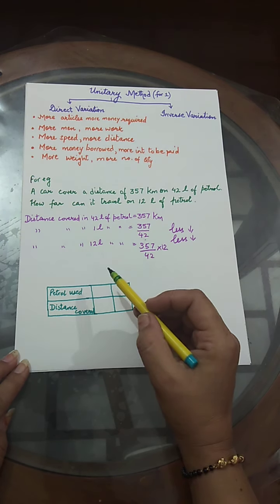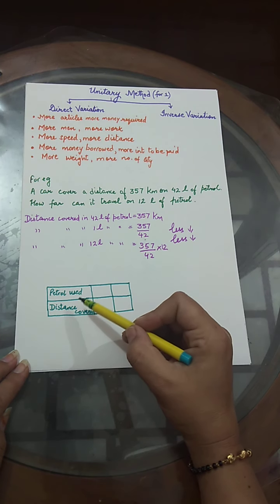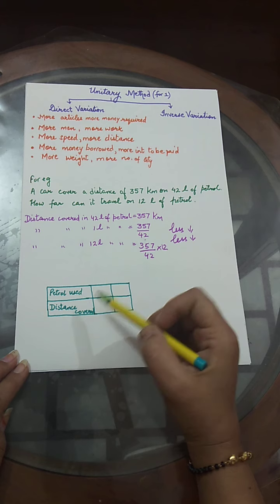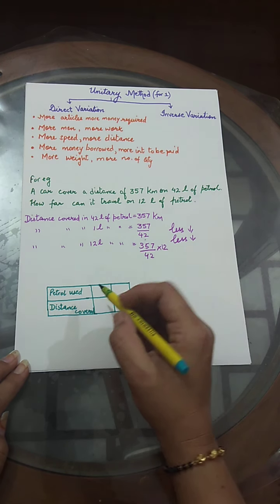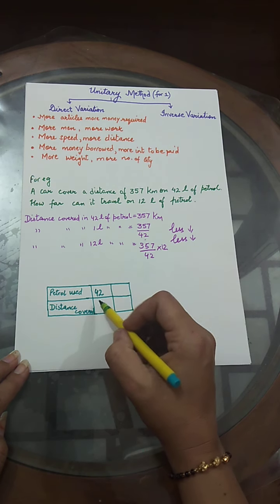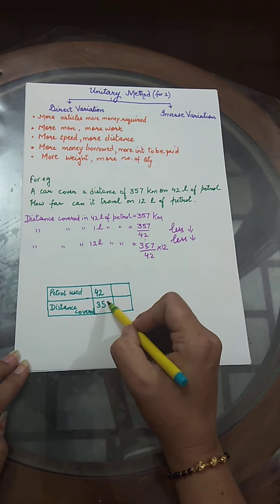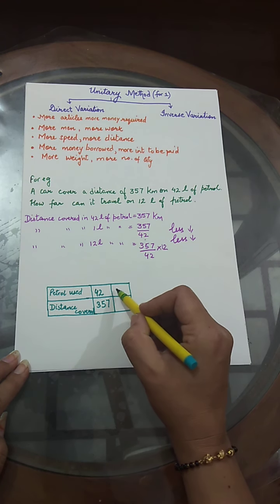First, instead of a statement, we are going to write it in a box figure, in two parts. One part will be both the attributes. First is petrol used is 42 and the distance covered is 357. Then petrol used is 12 liters.